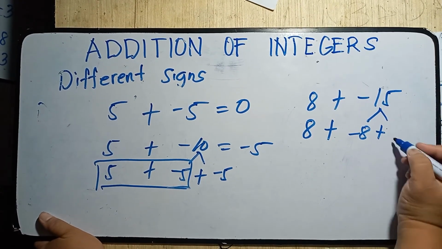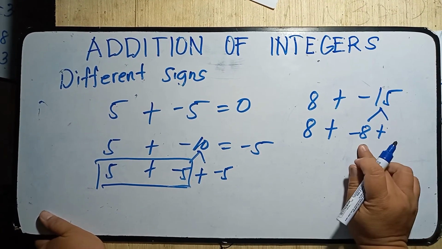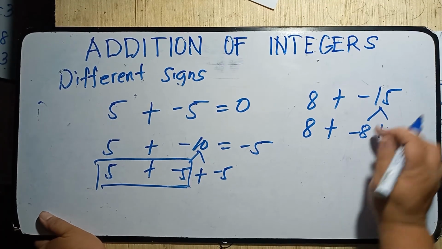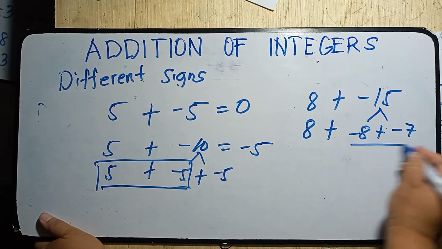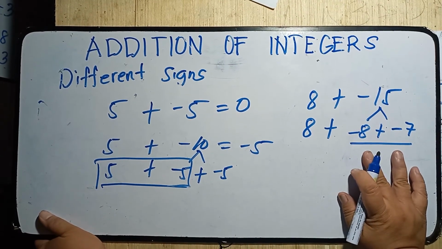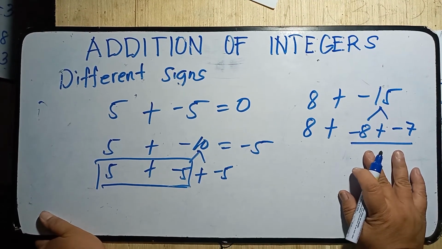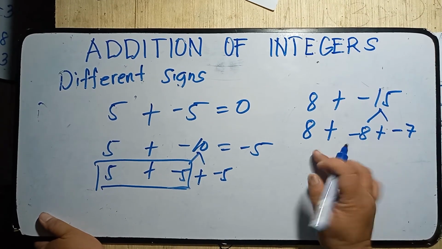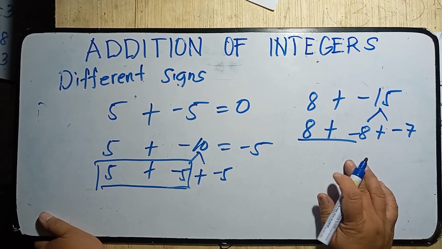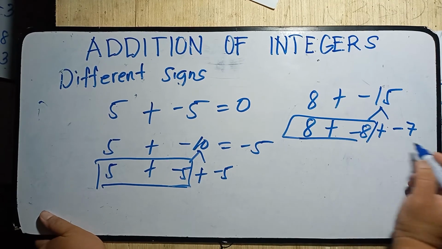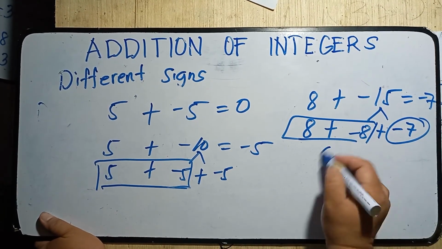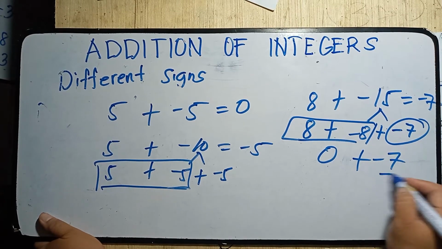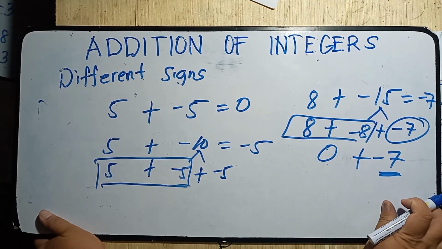Ano i-add mo kay negative 8 para maging negative 15? That is negative 7. That is why kailangan perfect mo na kung paano mag-add ng same sign. So, ngayon, ito ay 0. So, we will remove this. So, what is left is negative 7 because 0 plus any number is identical to the given number.